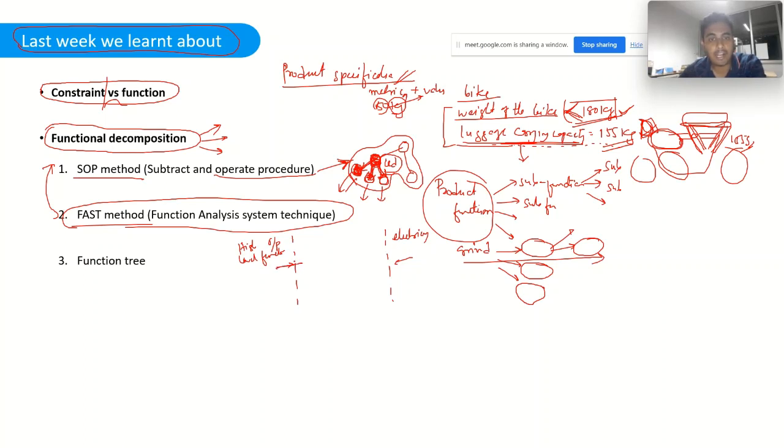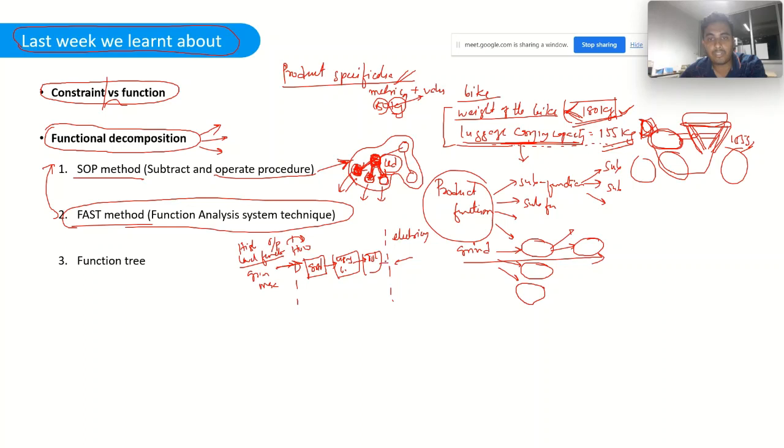Then we start asking how. For example, for a mixie grinder, if the high level objective is to grind the masala, we first ask how. You say you grind it. How to grind? Using a blade. Then how? Rotating the blade.